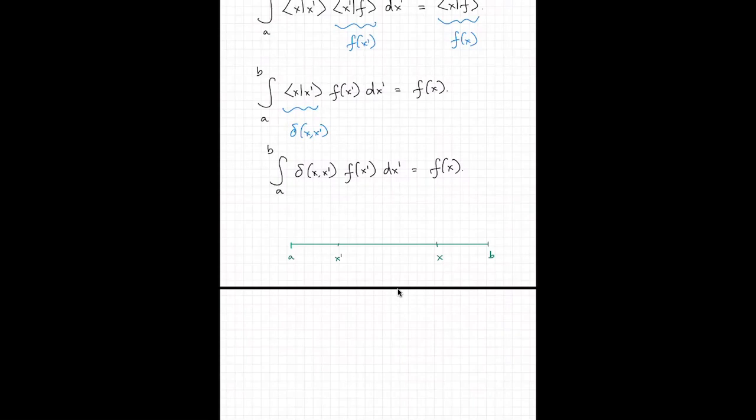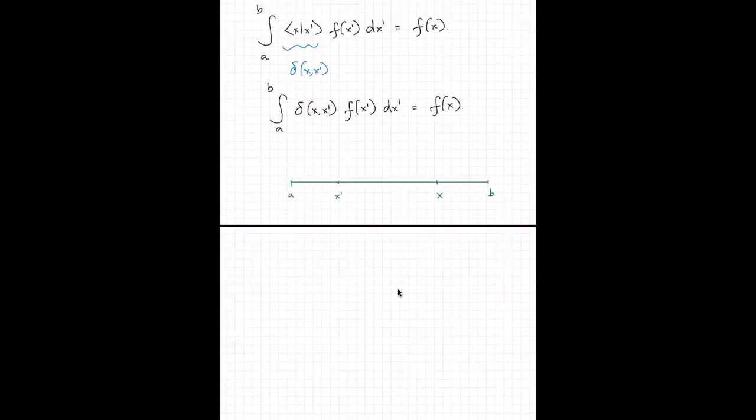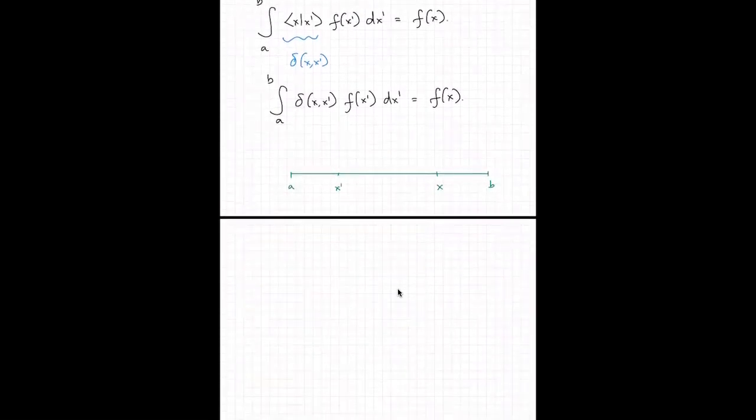The only way I can define this function is by claiming that this function delta of x and x prime is a very strange function, which is, if you want, a generalization of the canonical delta function that we defined. It should be 0 if x prime is not equal to x, and it should be equal to 1 if x prime equals x, okay?